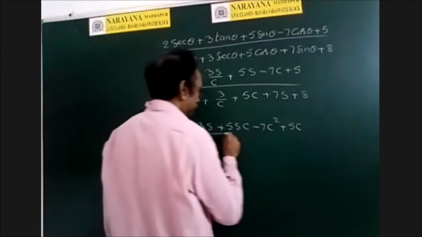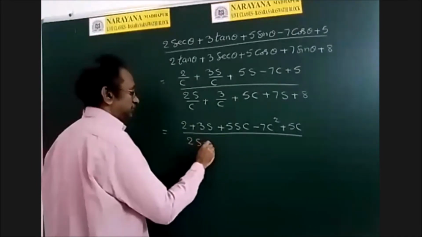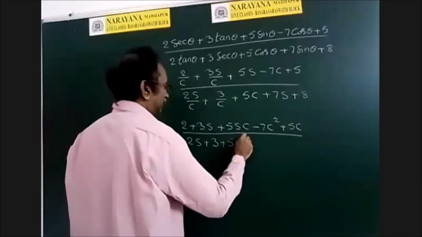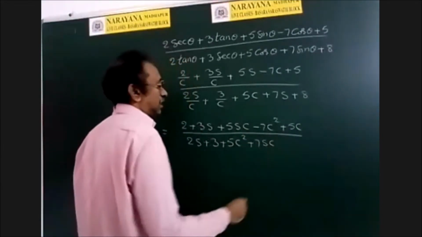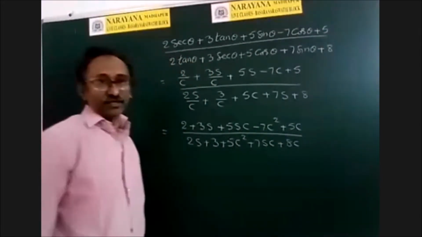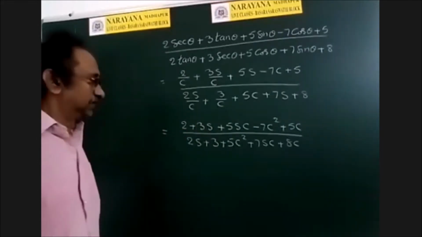Is there any mistake? Similarly, in the denominator, 2 sin theta plus 3 plus 5 cos square theta plus 7 sin theta cos theta plus 8 cos theta. So in these two, the denominator's cos theta is cancelled.